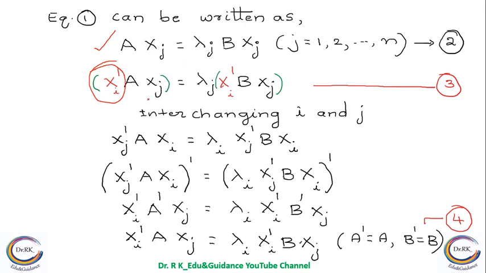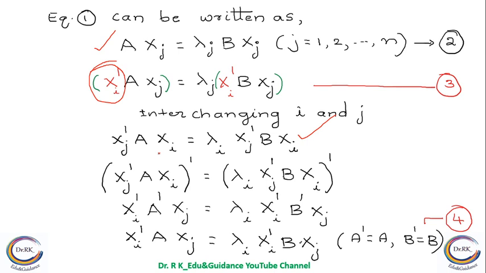Then xi transpose A xj equals lambda j, a constant or scalar which we can take out, times xi transpose B xj. Now let us interchange i and j. So i becomes j, and we get xj transpose A xi equals lambda i xj transpose B xi.